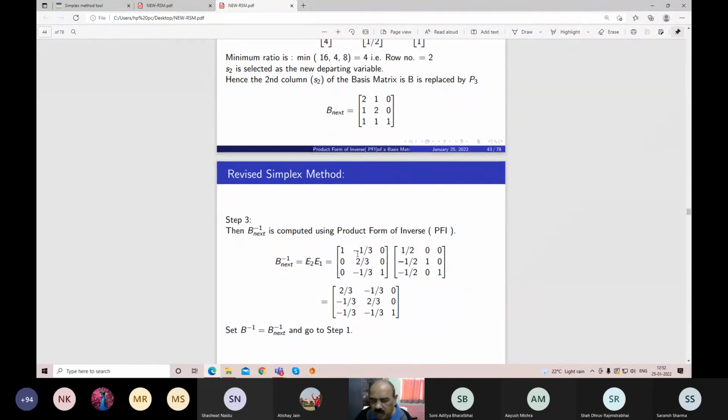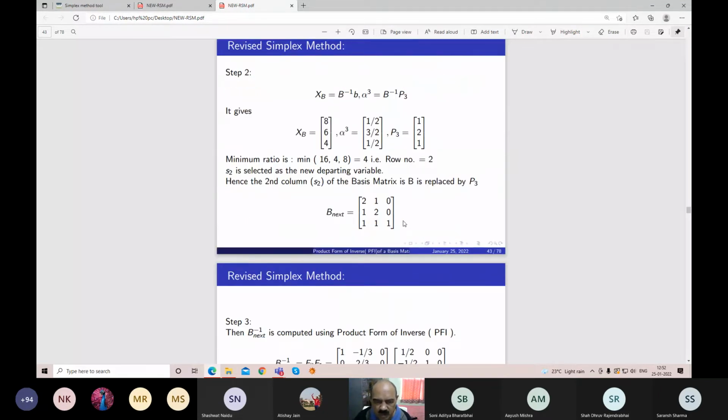In the second column itself we want to replace some eta vector. So from where did you get it? The elements are half, 3 by 2, 1 by 2, alpha 3, because if you multiply with the B inverse, you will get this one.